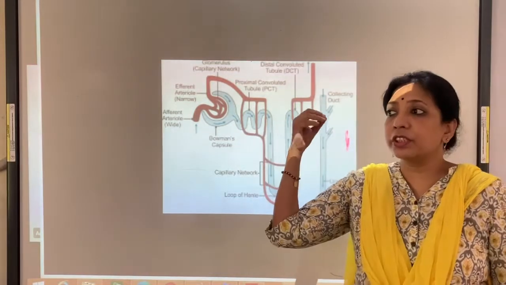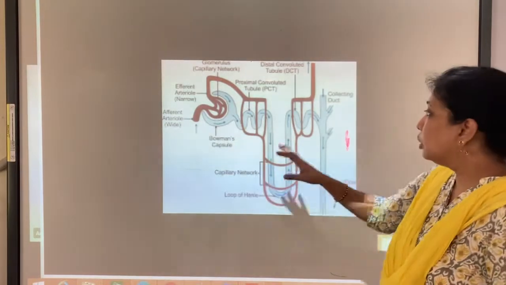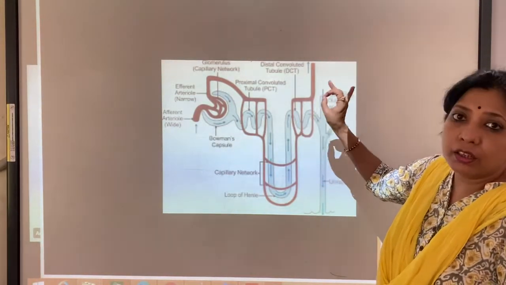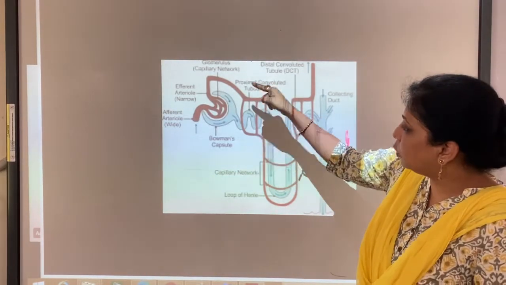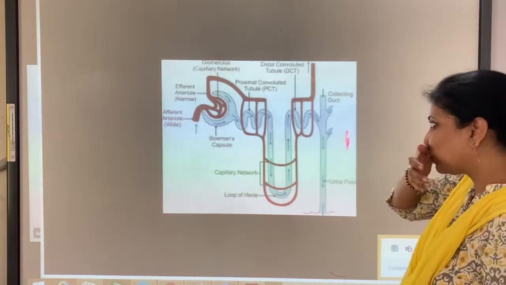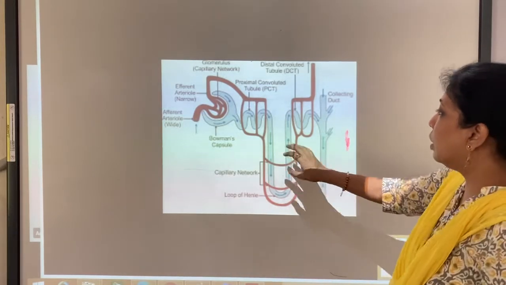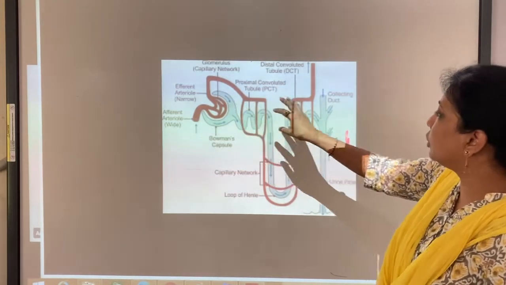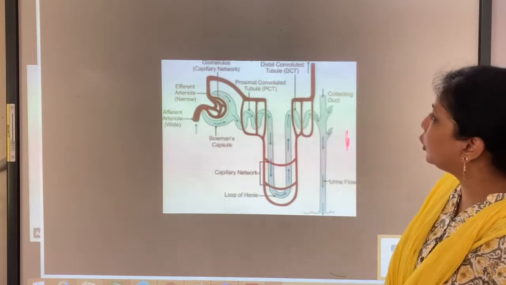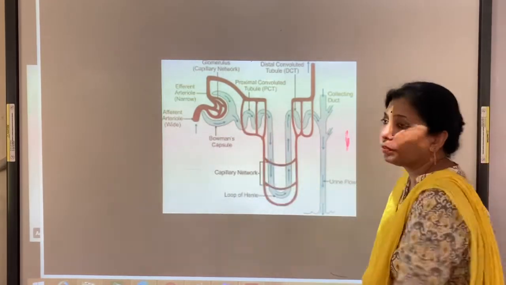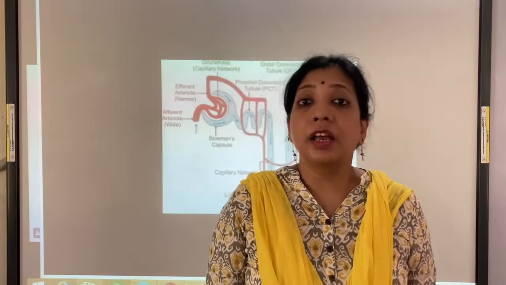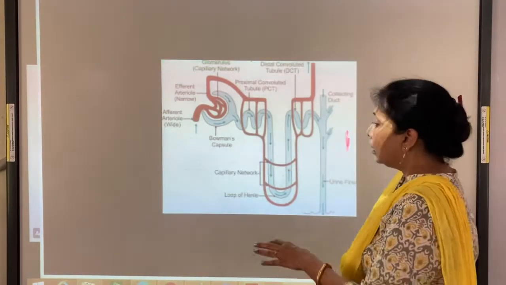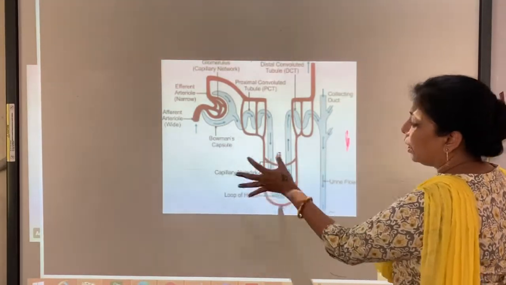Distal means something which is far off, so this is the distal convoluted tubule. So we have the proximal convoluted tubule, the distal convoluted tubule, and here we have the selective reabsorption of amino acids and glucose, right? Now what is happening in Henle's loop?